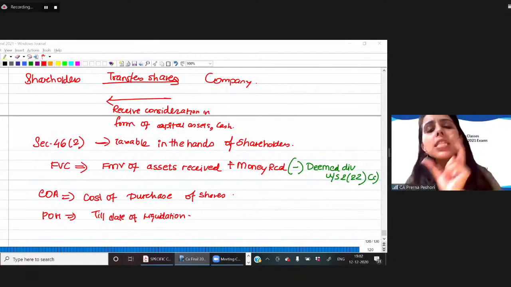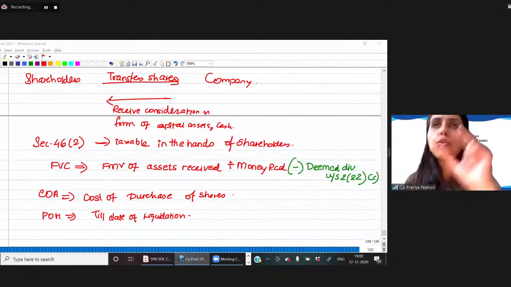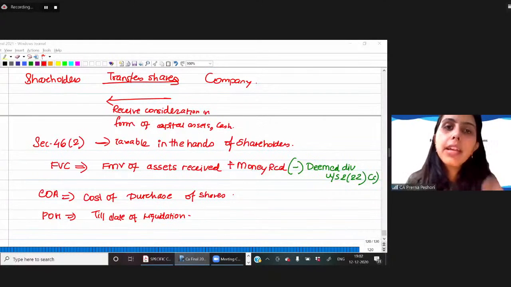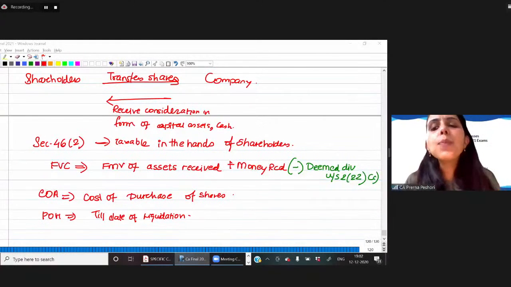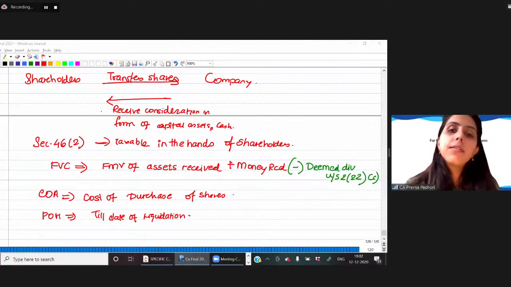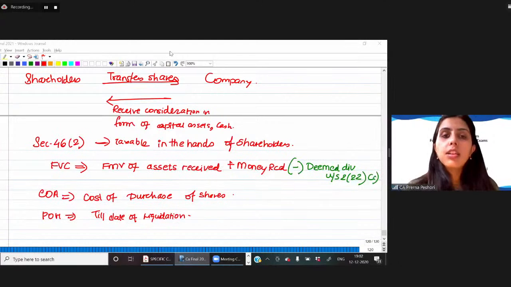Now, once you tax the deemed dividend under income from other sources, you cannot tax the same amount under capital gain. So that is why we are reducing the deemed dividend from the full value of consideration. Clear, Anjali? Is it clear? Any other doubt?